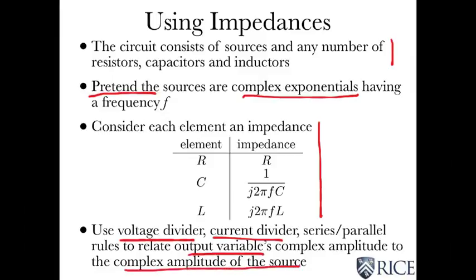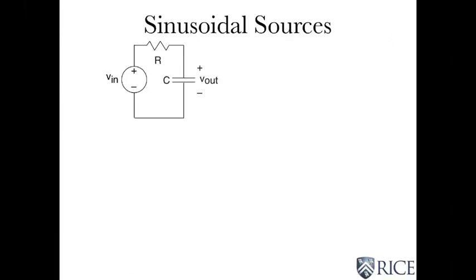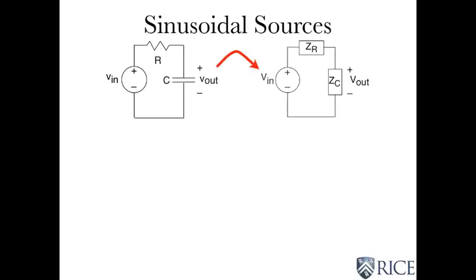Okay, so that's what we learned last time, except now we want to handle more real-world sources than complex exponentials. So what we did is we applied it to our simple RC circuit. We thought about it as an impedance kind of circuit. And I want to make sure we note that this is a lowercase v in over here.